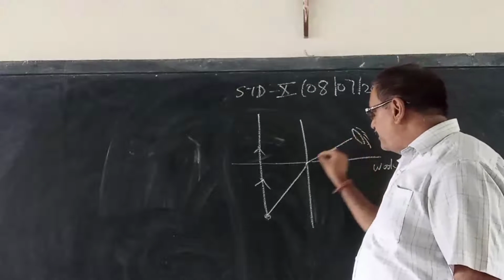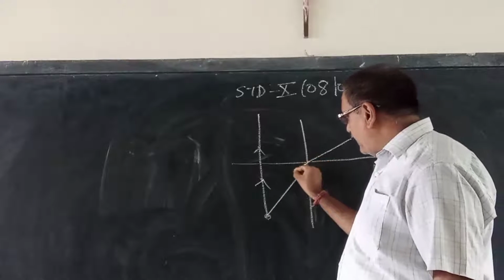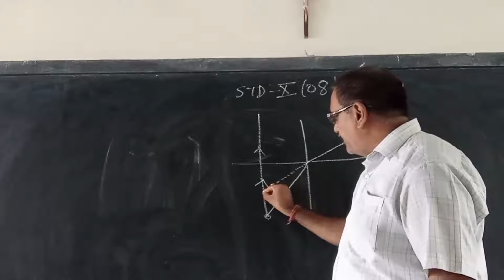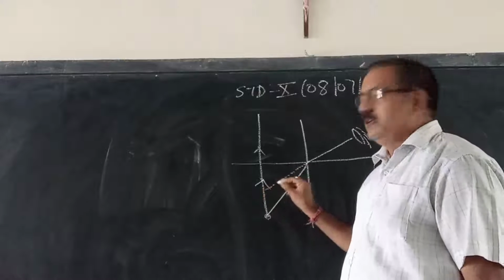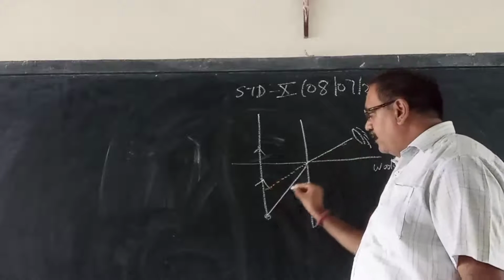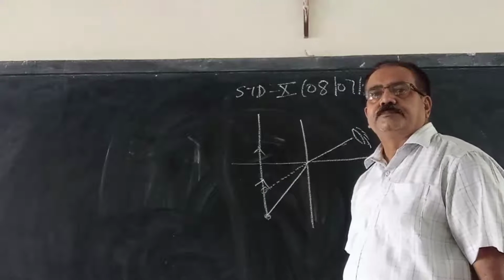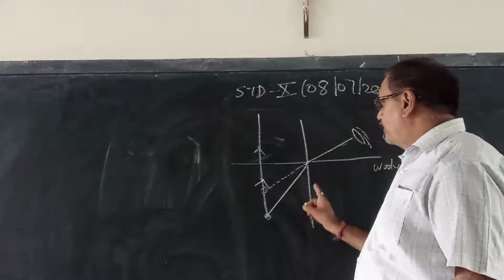The person cannot see the point here. When he produces the ray straight backward, this ray becomes a straight line, and the point will appear at this position. Do you follow? So this is the diagram.